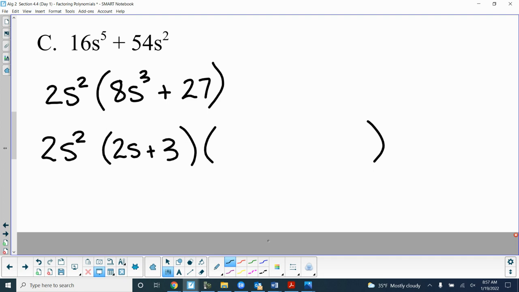All right, Jordan, what's the first term of my trinomial? You have to square both of those. What's 2 squared? 4. So it's 4s squared. Caitlin, what's the middle term?